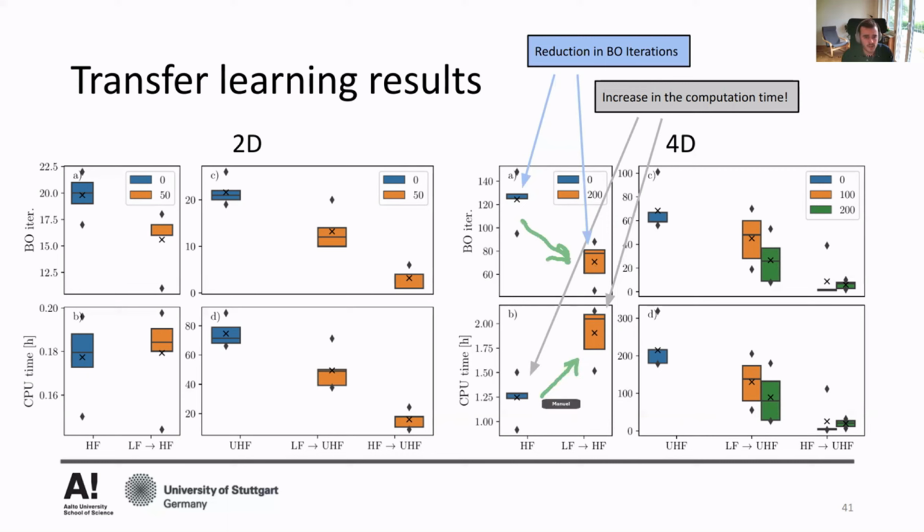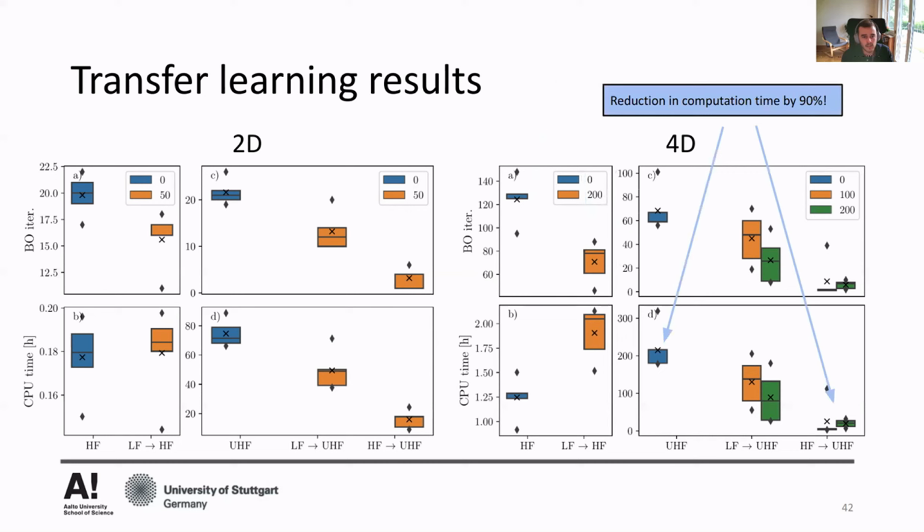This is happening because here the evaluation gap between low fidelity and high fidelity is not large enough to overcome the additional computational cost that we induce by using this ICM model. So at least for this scenario, it would not be recommended to use transfer learning.